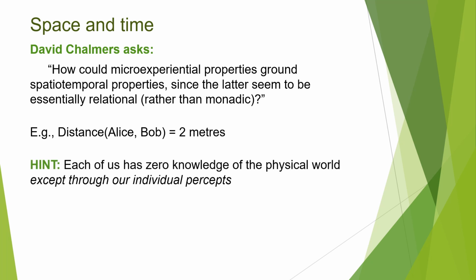An important hint is that each of us has zero knowledge of the physical world except through our individual percepts. Scientific cosmological models are derived by discussing and comparing our individual percepts. Given this narrow basis, a few minds on the third rock from the sun, over a negligible time span, such models are astonishingly accurate.